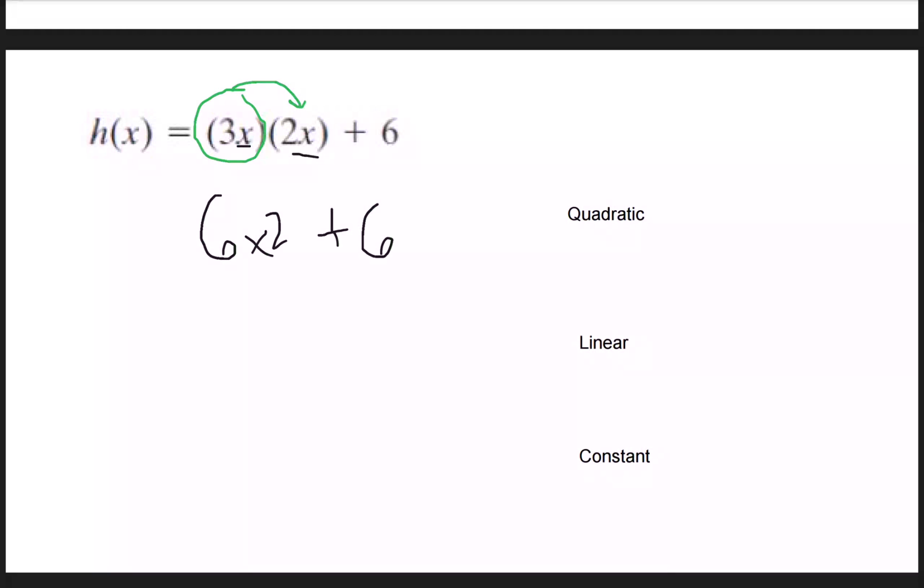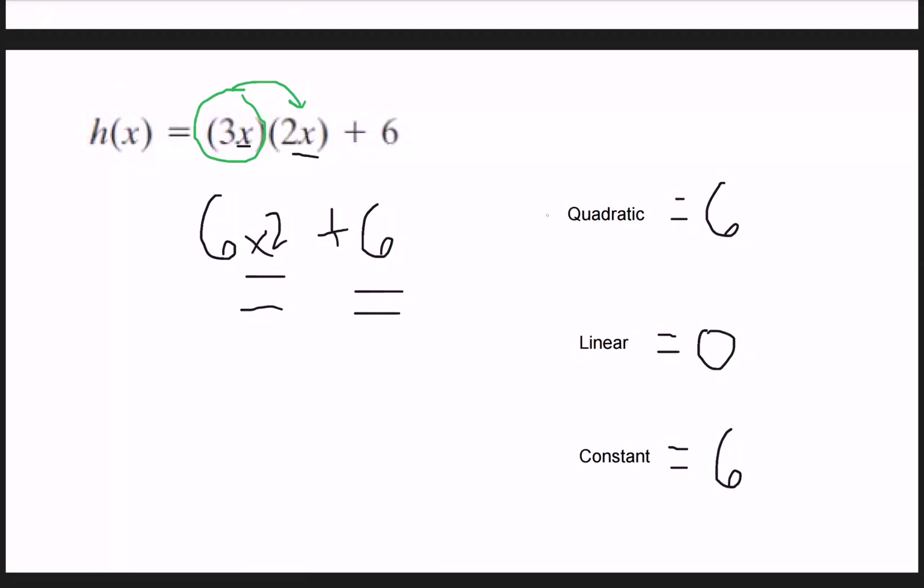Now again, I have 6 for my quadratic term, because I have 6x squareds. I don't have a linear term, because I have no x's, so that's going to be 0. And then my constant, again, is 6, because I have 6 things that have a degree 0.